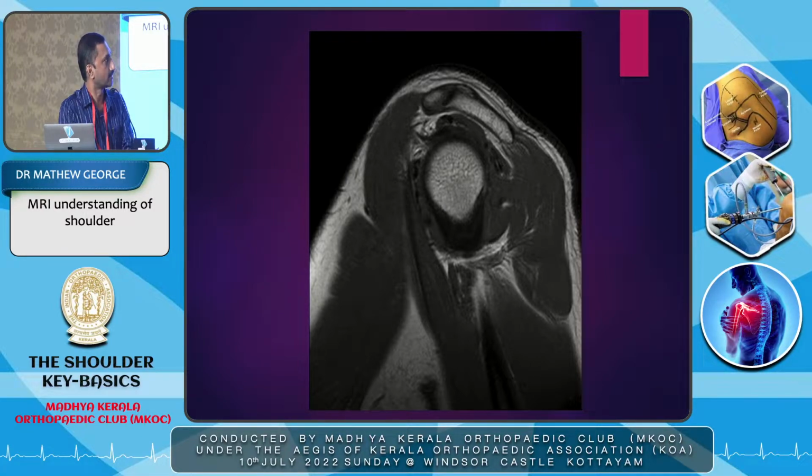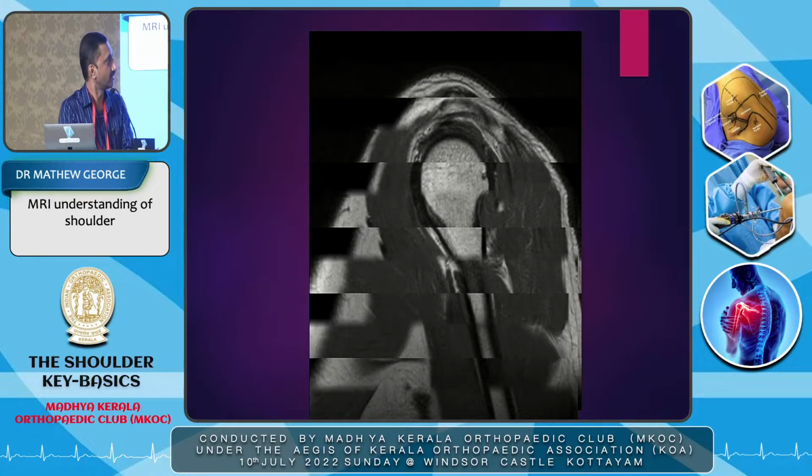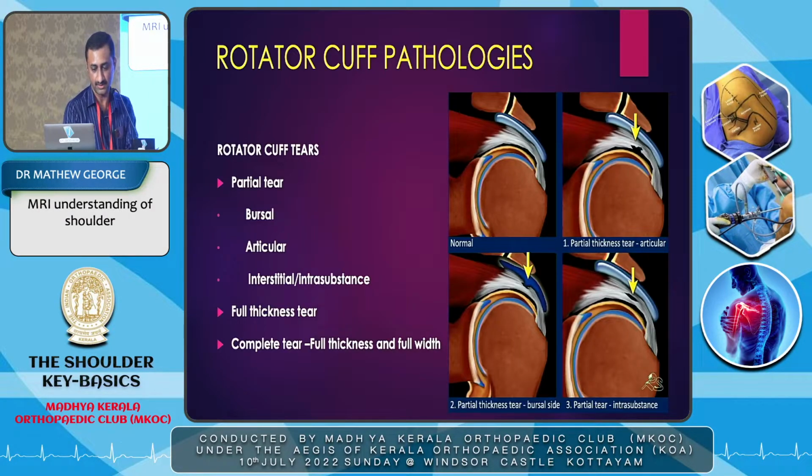So that's your rotator interval, and your biceps tendon is just deep to the supraspinatus. Now coming more medially, you can just trace the muscles, the same things are seen, and here at the end you can see the attachment of the rotator cuff muscles, and that's the attachment of the subscapularis. So this is a brief MR anatomy.